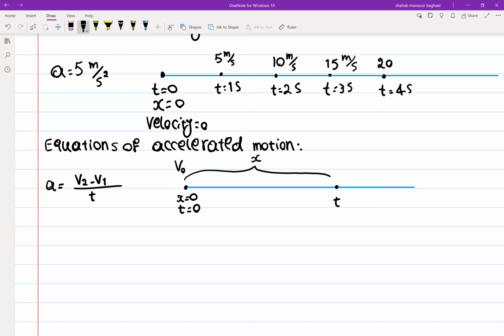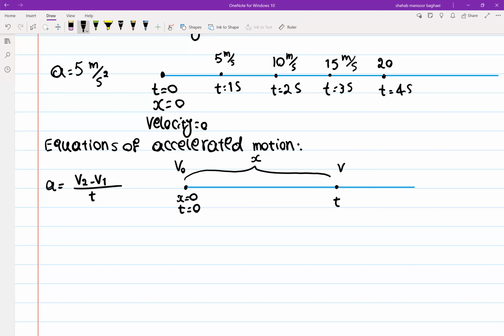If you have V0 for your moving particle and you have acceleration for this position, which is arbitrary position, you have t, the time of this position, and you have x here, which is displacement for your position, and you have velocity for your moving particle at this moment.